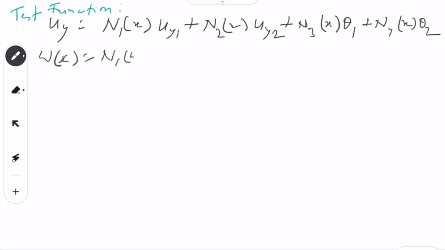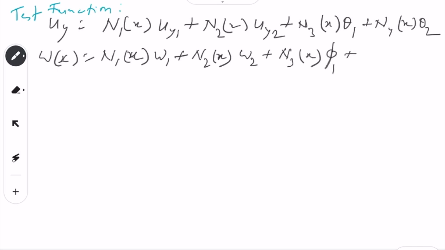So N1(x), let's call it w1, okay, then plus N2(x) w2 plus N3(x), and let's call this one phi 1, okay, I will explain what that means.